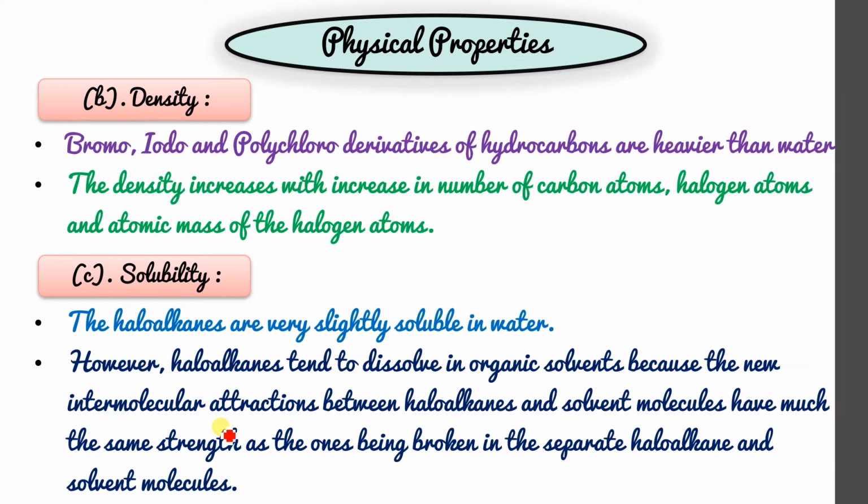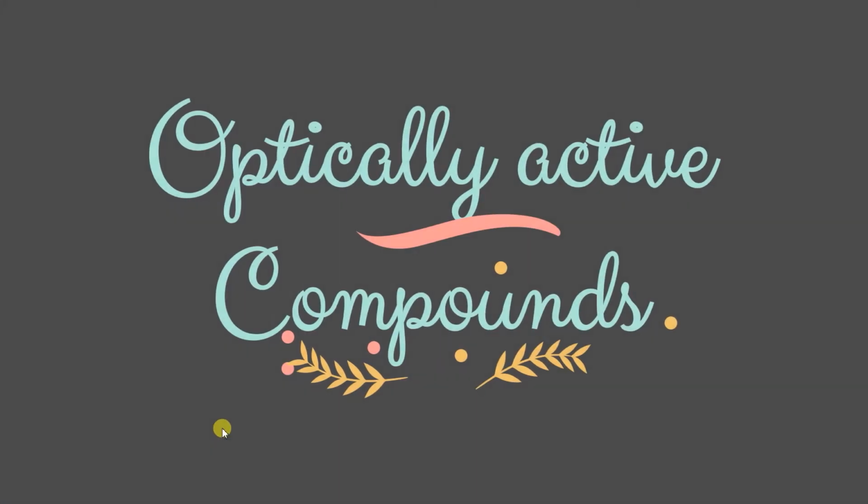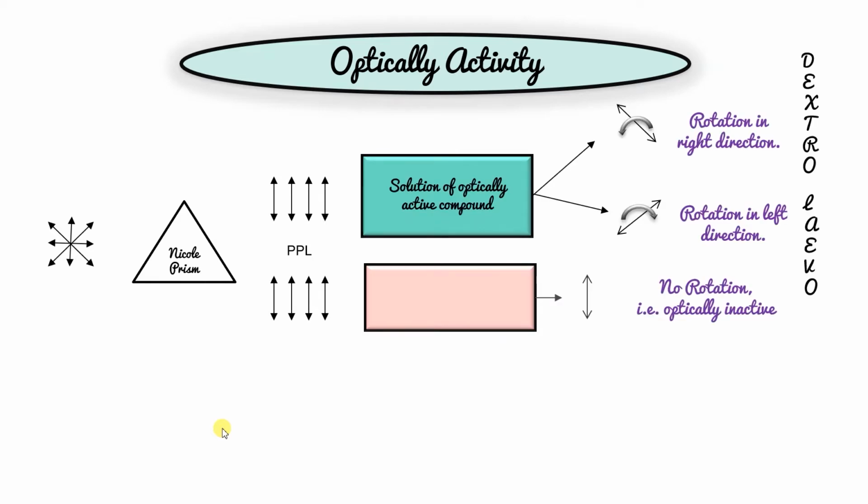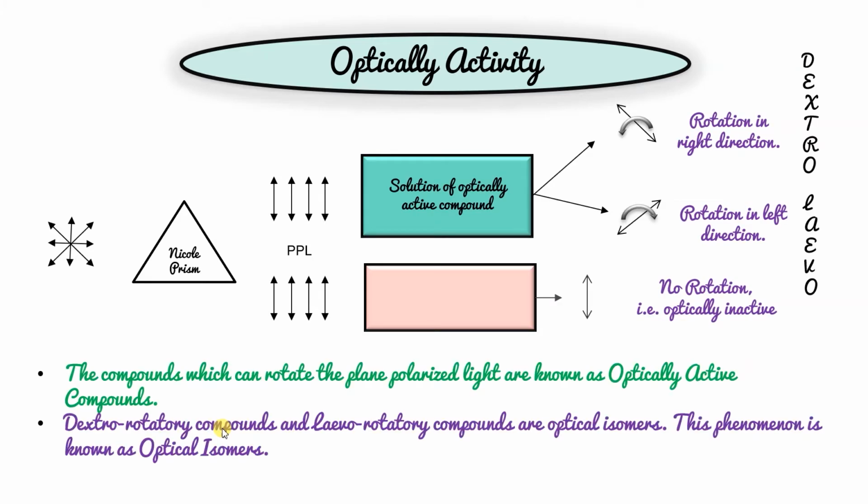Okay, next important topic is optically active compounds. Before going deep into that, we have to understand a few things, that is, what is optical activity. I already explained this in my previous video: light moves in all directions.